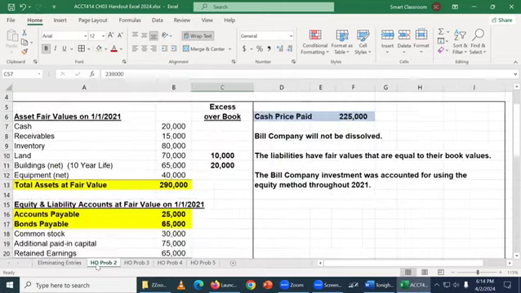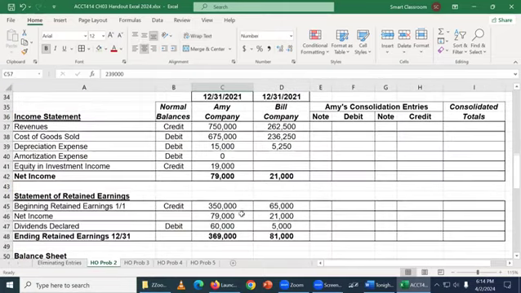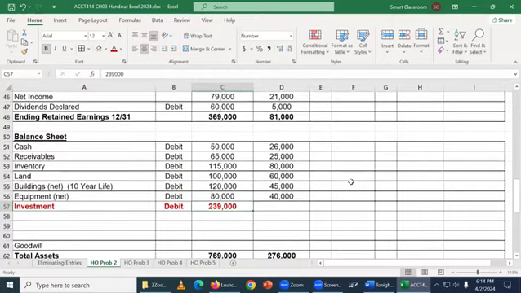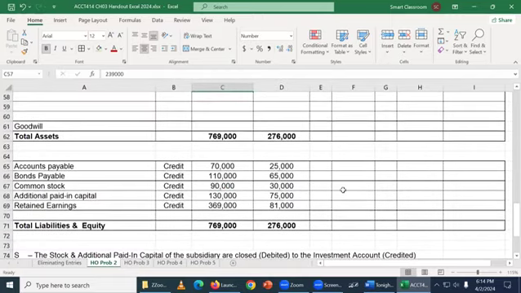We've already done those before, so we'll do those first, but there is a little twist to the stock one. We're going to get rid of their stock. The first two are the same as before. Hold off on the retained earnings for a second, though.